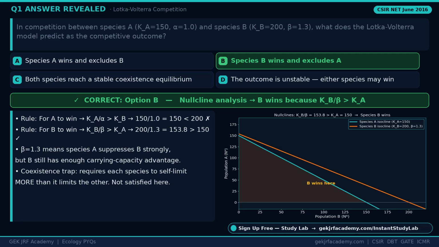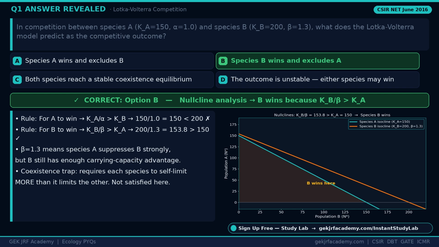The correct answer is option B. Species B wins. Here is the reasoning. In the Lotka-Volterra competition model, the outcome depends on nullcline positions, not just carrying capacity. For species A to competitively exclude B, its carrying capacity divided by alpha must exceed B's carrying capacity.